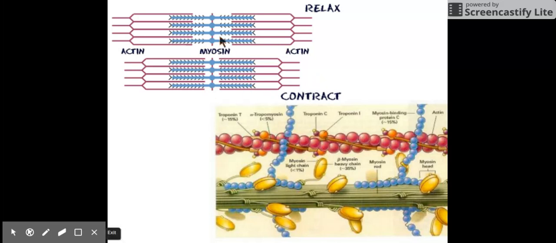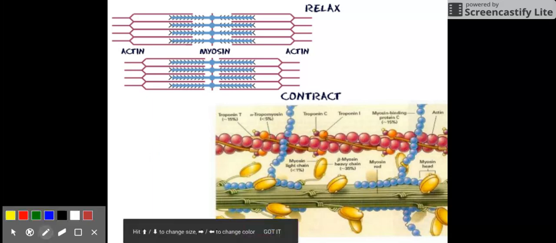And you can see the arrangement of how actin looks. So here you have your feet from your myosin little proteins. And here you have your actin filament. And that myosin is going to attach right there and then pull it towards the center. So each of these is going to move inward like this.